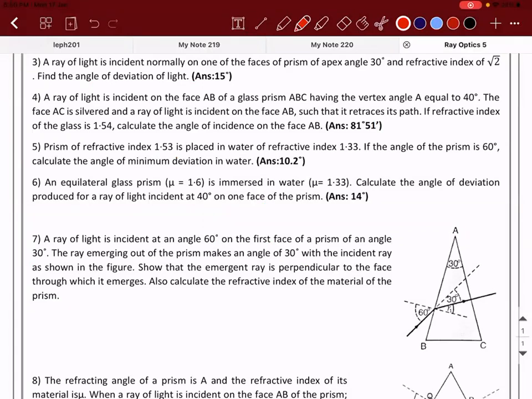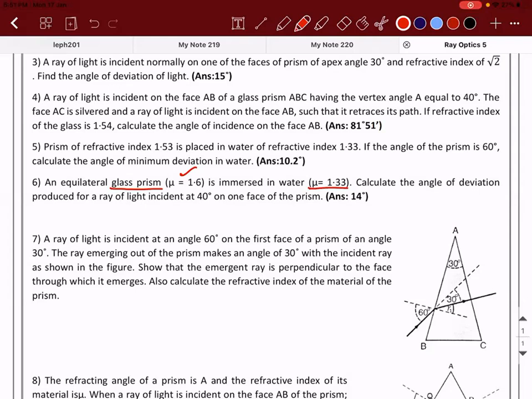Try the sixth one. So there is an equilateral glass prism whose refractive index is 1.6, immersed in water of refractive index 1.33.